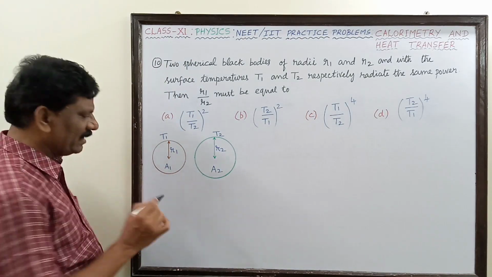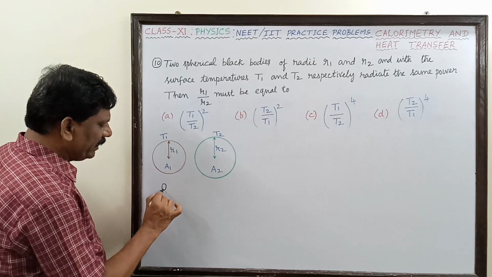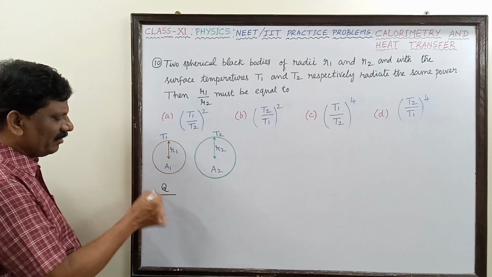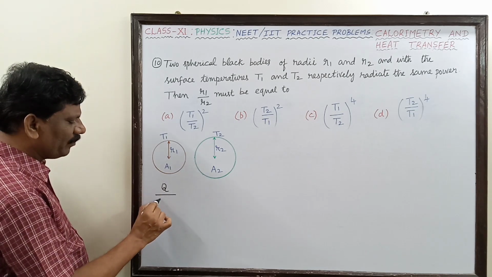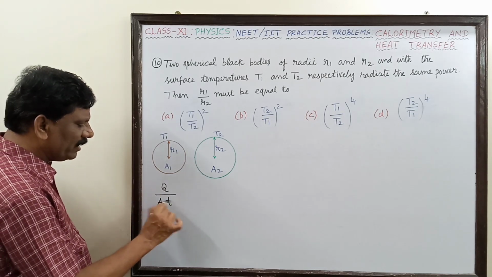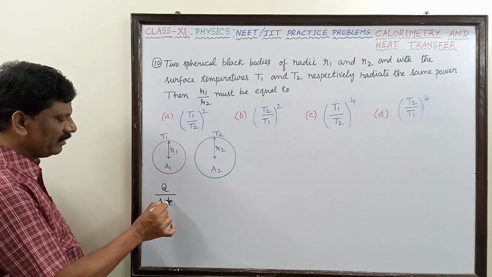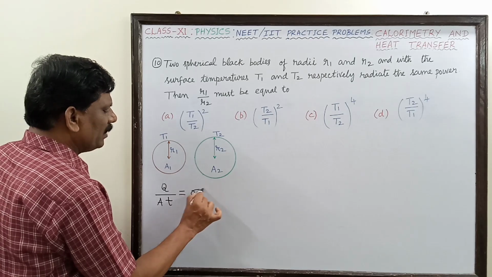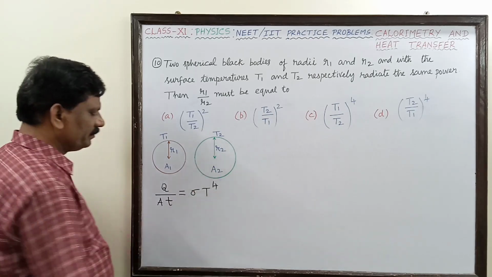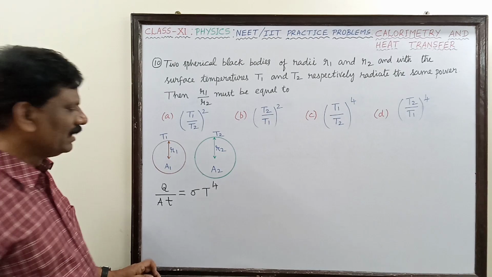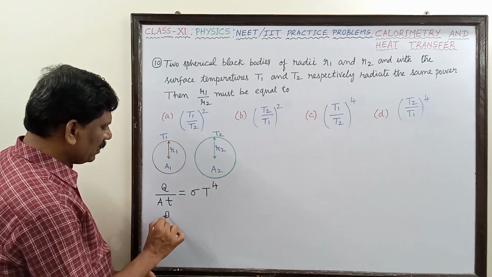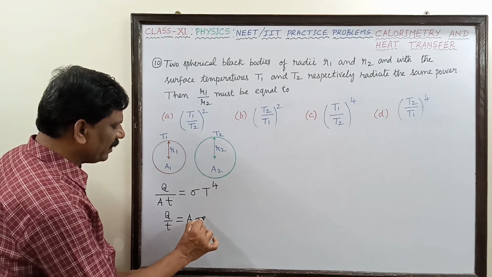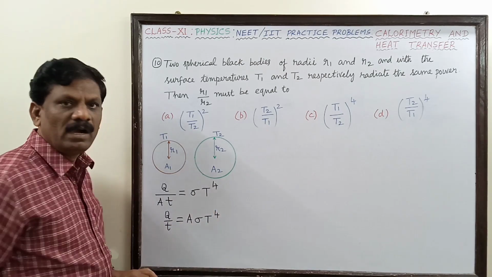According to Stefan's law of radiation, the total quantity of heat radiated by a perfectly black body per unit area per unit time, that is Q divided by area into time, is equal to sigma T power 4, or Q by t is equal to A into sigma into T power 4.